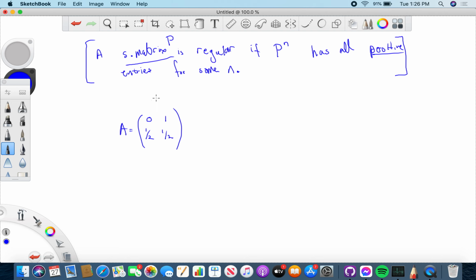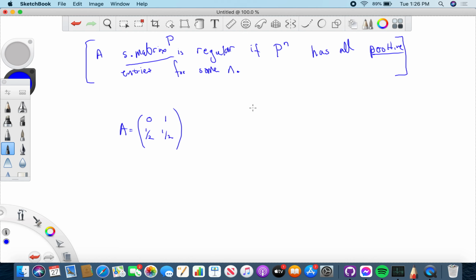And if you look at each row, the sum of the values is equal to 1. 0 and 1 is 1, 1/2 and 1/2 is 1. Therefore, because all the values are non-negative and the rows sum to 1, this is a stochastic matrix.